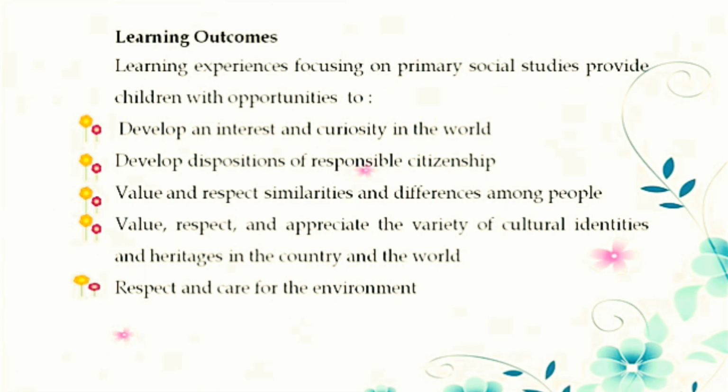Develop disposition of responsible citizenship, value and respect similarities and differences among people. Children should value, respect and appreciate the variety of cultural identities and heritages in the country and the world. Children should respect and care for the environment. Thus, we can say the learning experiences on social sciences includes all around development of children.